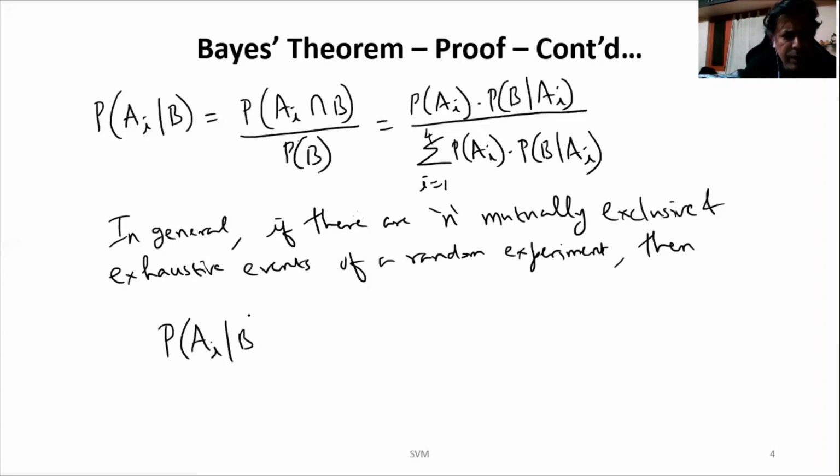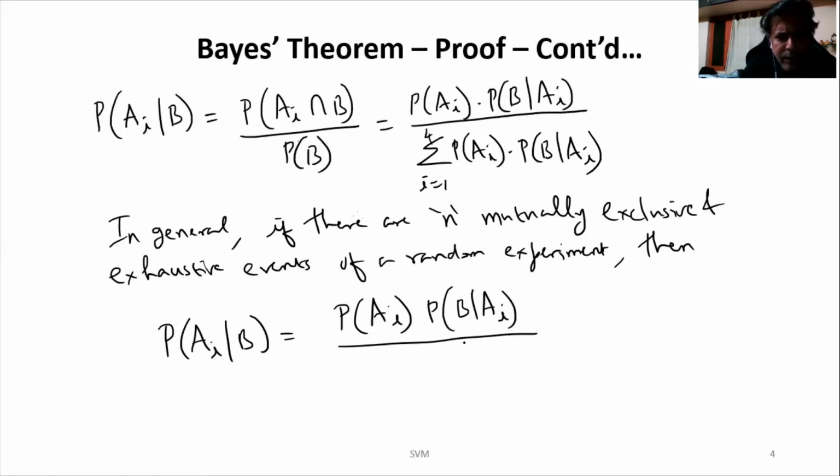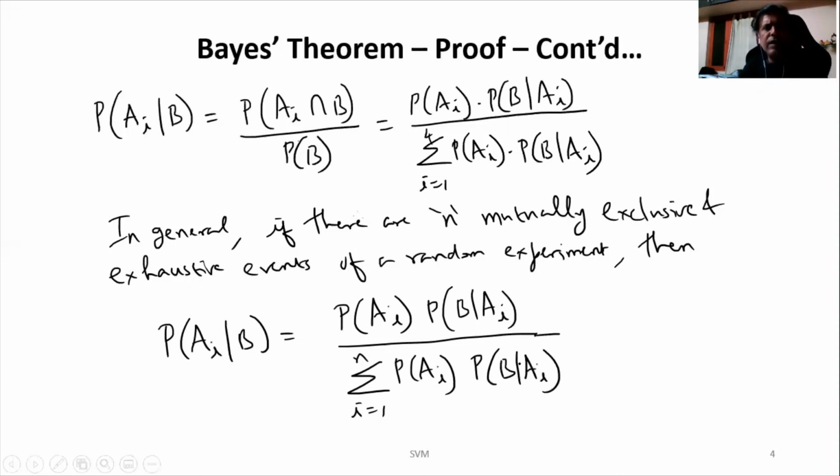Probability of Ai given B is equal to the same thing, except that in the denominator, instead of writing 4, I will replace that 4 with n. That's all. So that is our Bayes theorem, which has numerous applications in various fields, right?